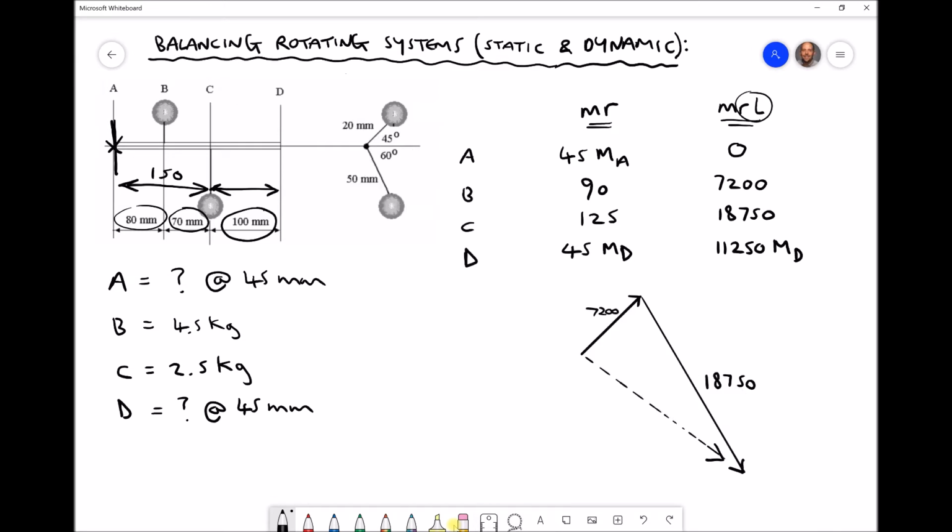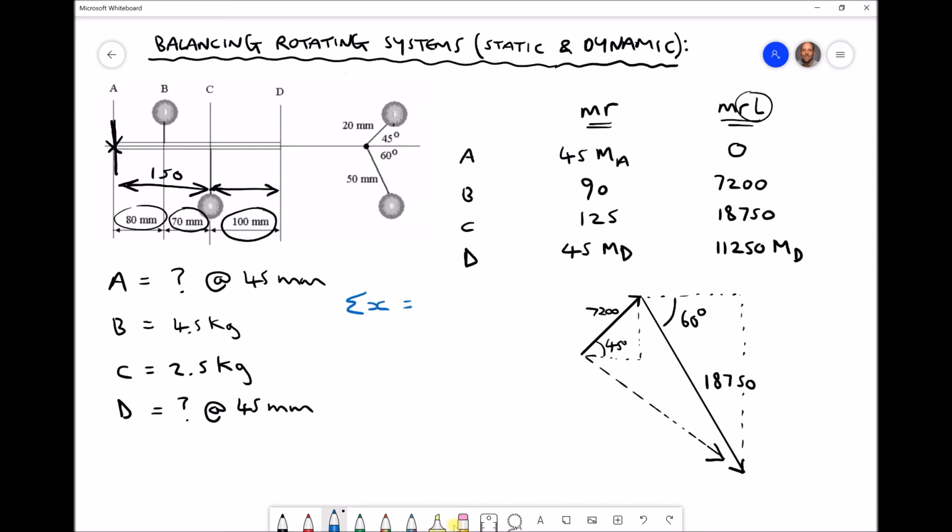Now, as we mentioned previously, our equilibrium is going to have the same magnitude, but the opposite direction. Let's add some angles on here. We have an internal angle here, 45 degrees. And we have an internal angle here of 60 degrees. So now we can use trigonometry to determine the sum of our x components.